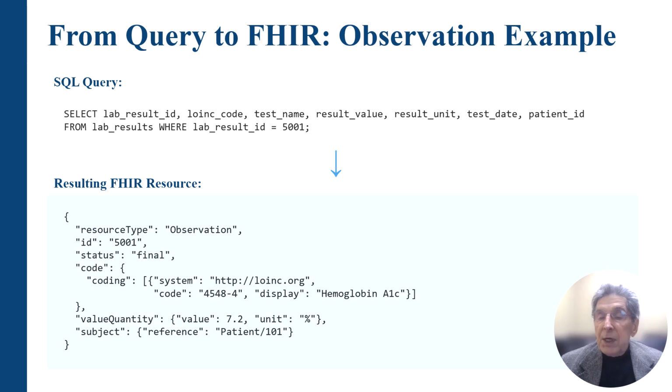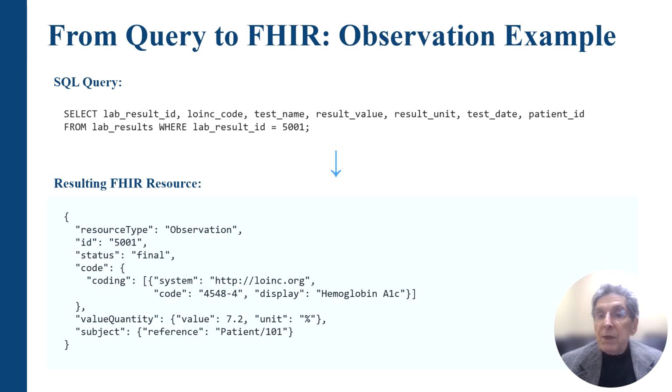It's a double check, but it helps the casual reader understand what this data is. And this structure supports interoperability. Any retrieving system can look at the system URI and know this is a LOINC code. They can process the code value. They can display the string to users. And in this case, the value quantity holds a result of 7.2%.